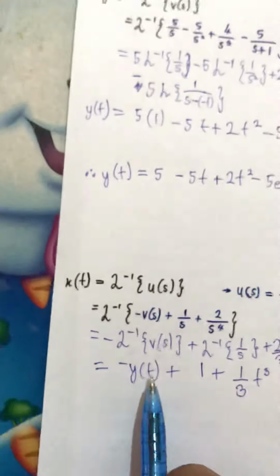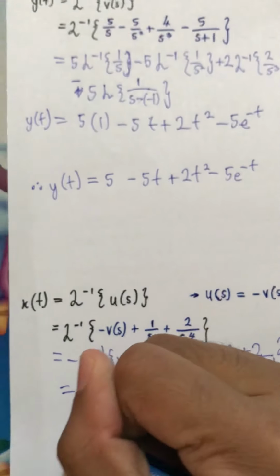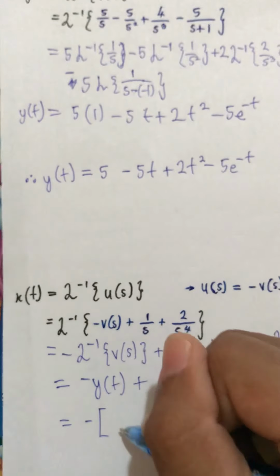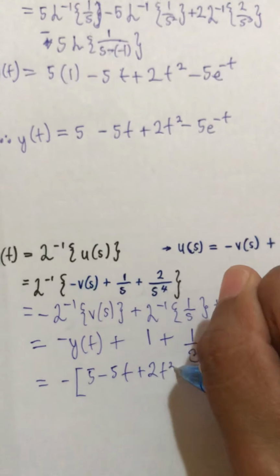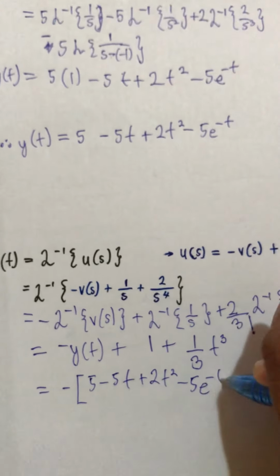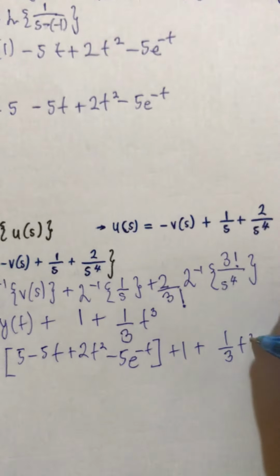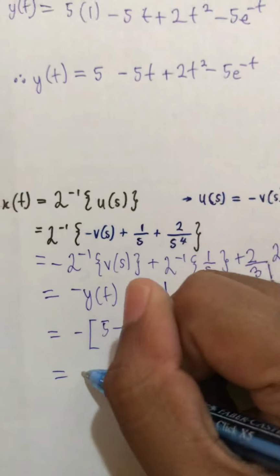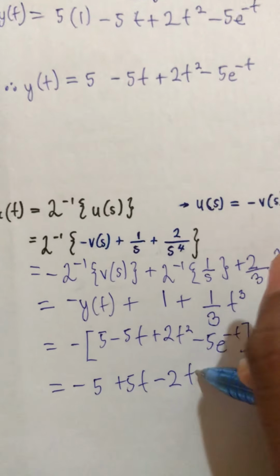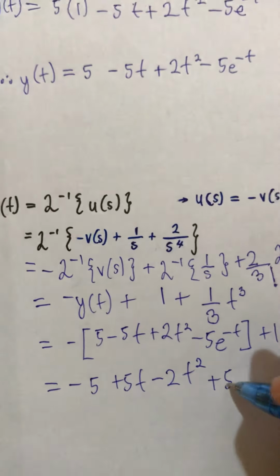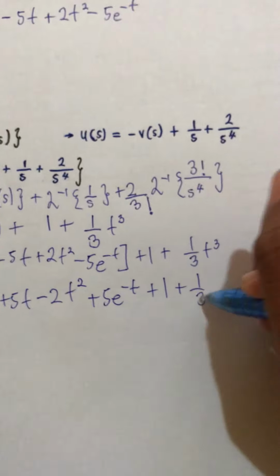Noted here is minus yt, so we just substitute the answer just now into this. Minus 5 minus 5t plus 2t squared minus 5 exponent of minus t, plus 1 over 3 t cubed. So we just simplify this, so we get minus 5 plus 5t minus 2t squared plus 5e to the minus t plus 1 over 3 t cubed.